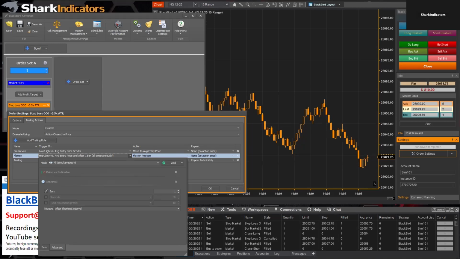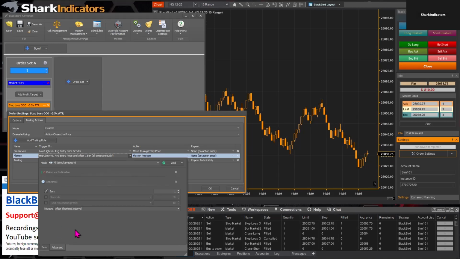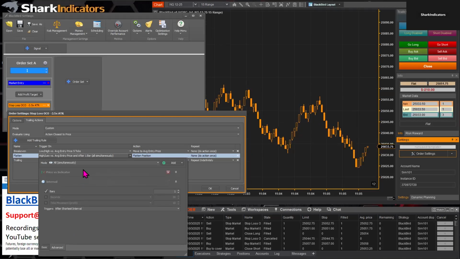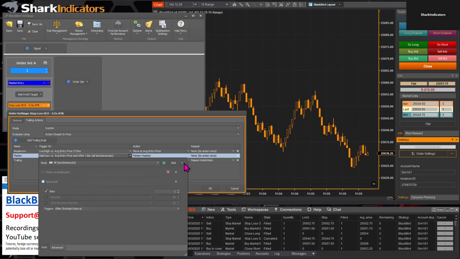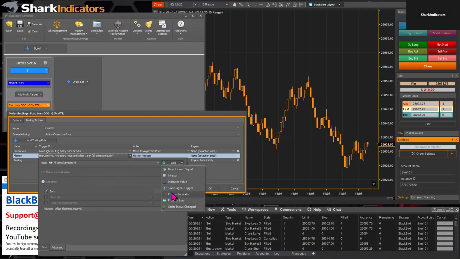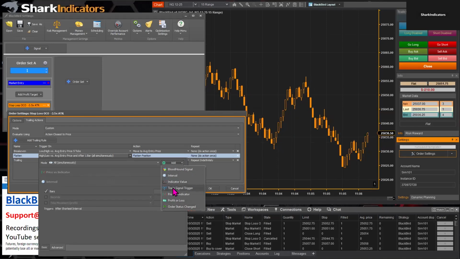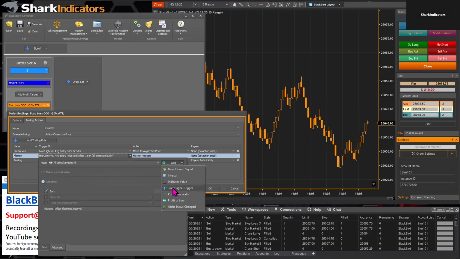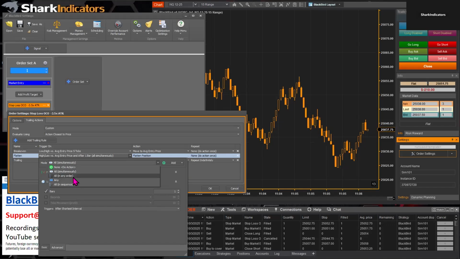So, on the advanced tab here, you can combine multiple triggers to create a more complex set of conditions there. And then of course the mode, right?